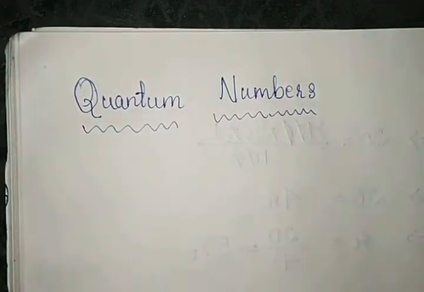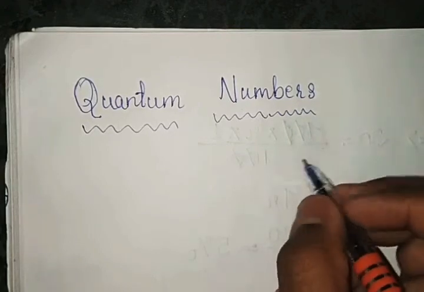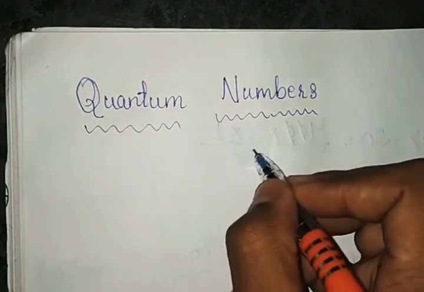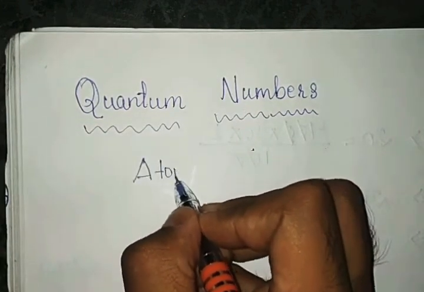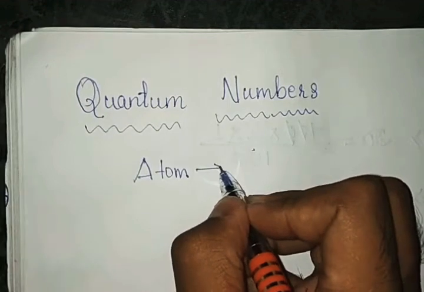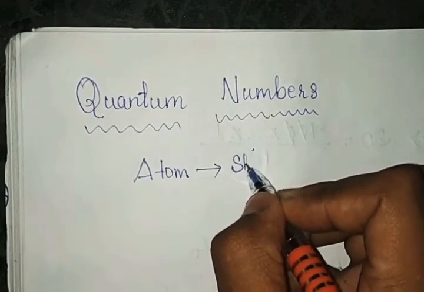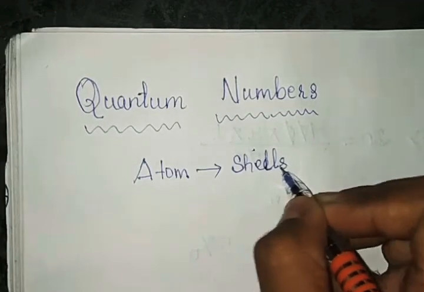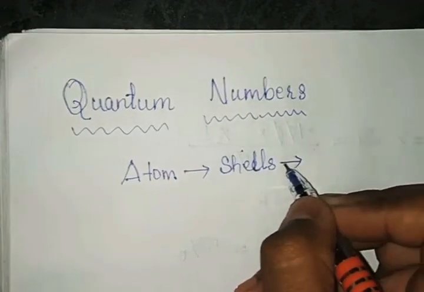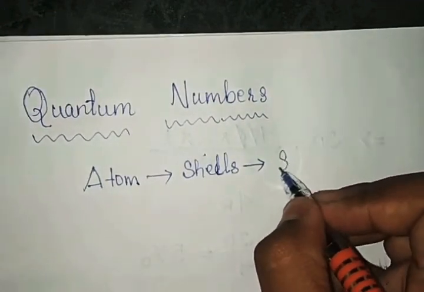And as the title of the chapter was Structure of Atom, I'd like to draw one basic thing for you. First of all, the first thing is atom. Inside the atoms, we have shells. In these shells, we have subshells.